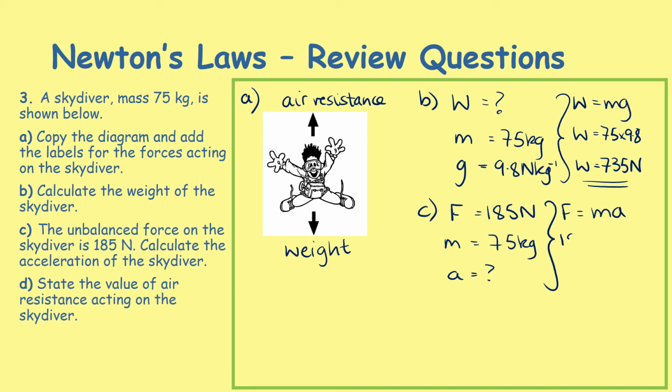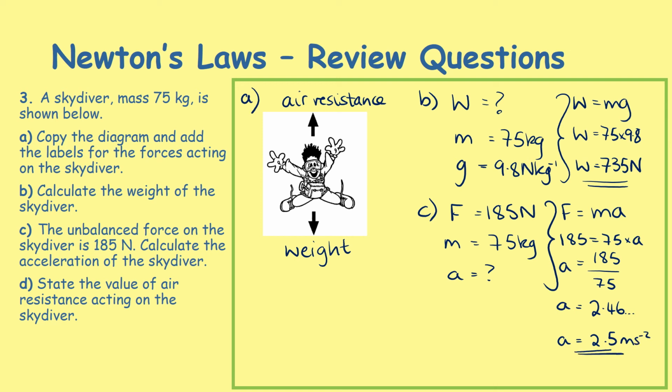Popping our numbers in, 185 equals 75 times a. Our acceleration is going to be equal to 185 divided by 75. And so this is equal to 2.46 recurring. So we can round this to 2.5 meters per second squared.